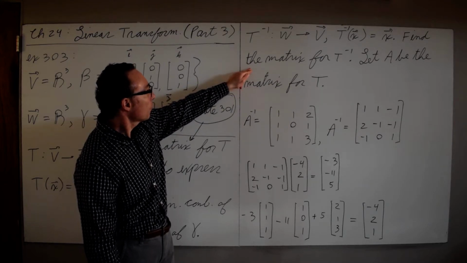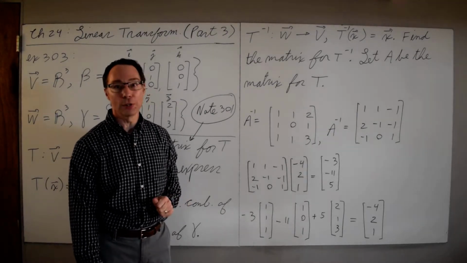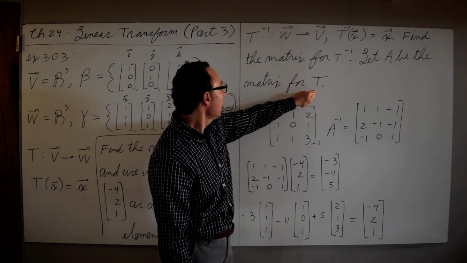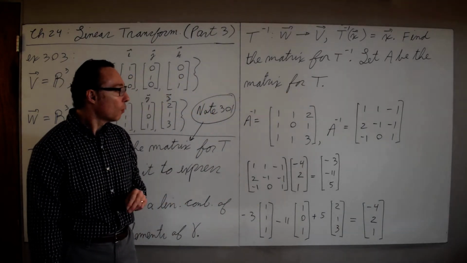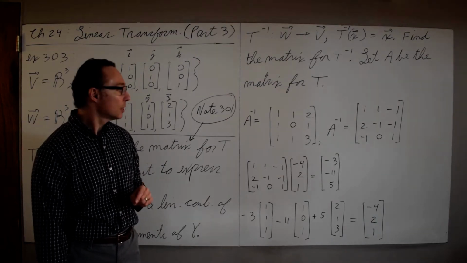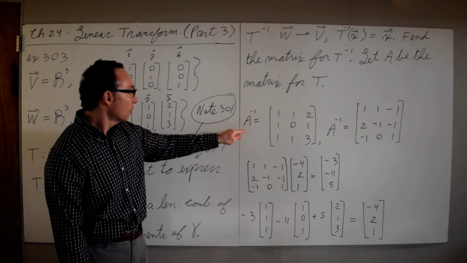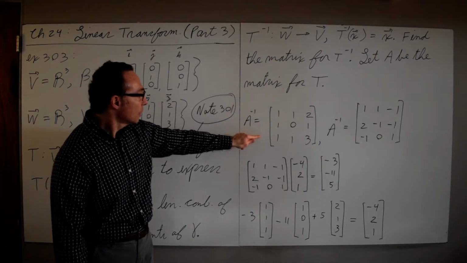Okay, so now we want to find the matrix for T inverse. That's easier than finding the matrix for T. So let's let A be the matrix for T. That's what we want ultimately, but in order to get there, we're going to find the matrix for T inverse first. So A is the matrix for T, A inverse is this matrix.